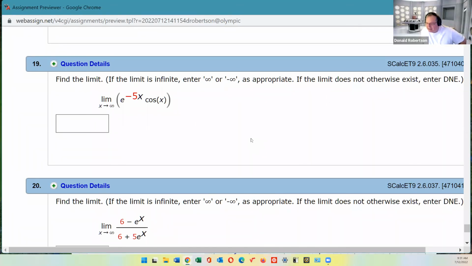It's going to be e to the minus infinity, so it's going to be 0 times cosine of x, which is going to give you 0.